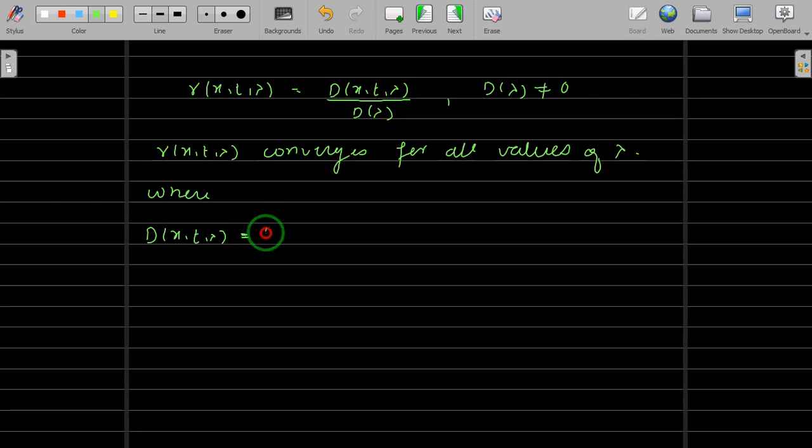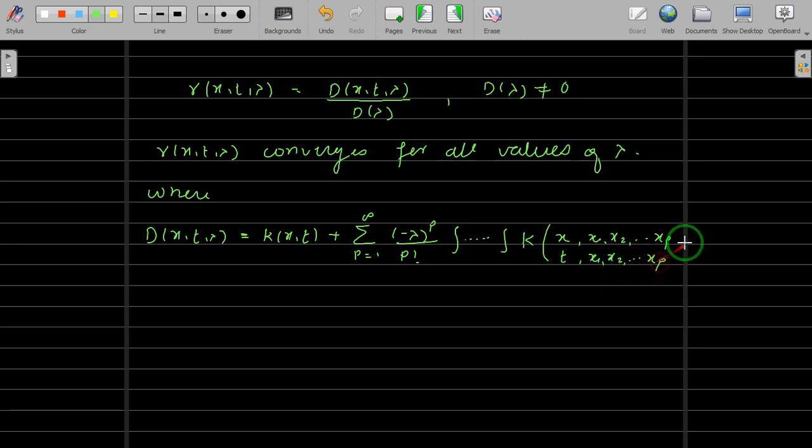When you prove the theorem, you will come to know how you get this. Your kernel k of x, t plus summation p from 1 to infinity of minus lambda raised to p divided by p factorial, then you will have an integral of k, with arguments x, x1, x2 up to xp, and t, x1, x2 up to xp, and these are p integrals.